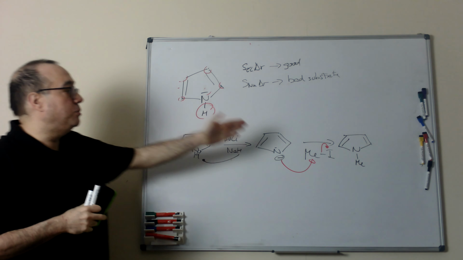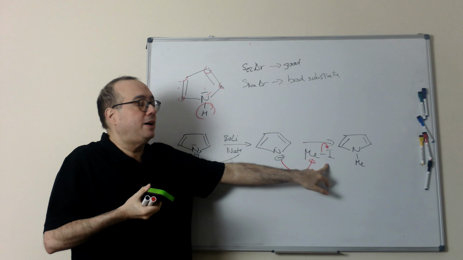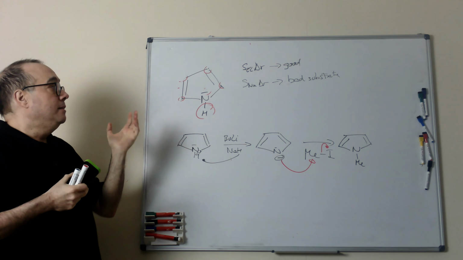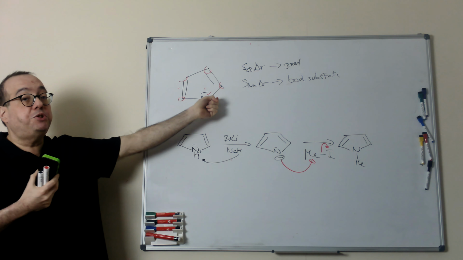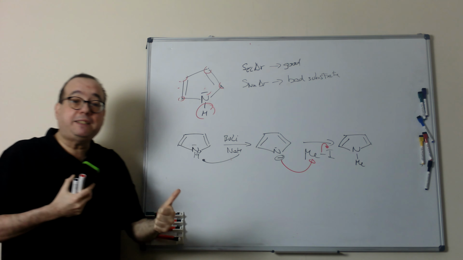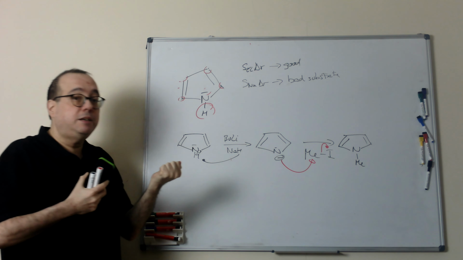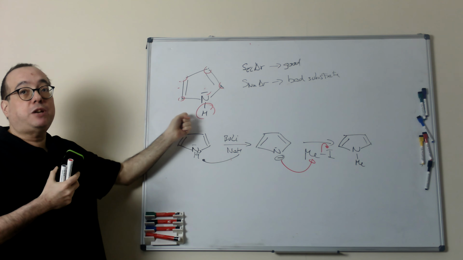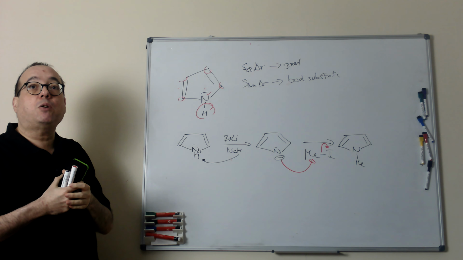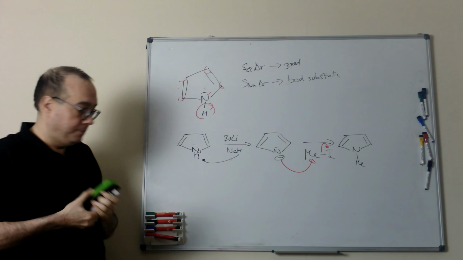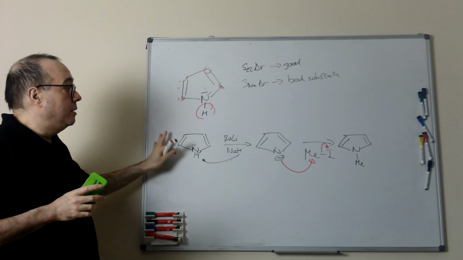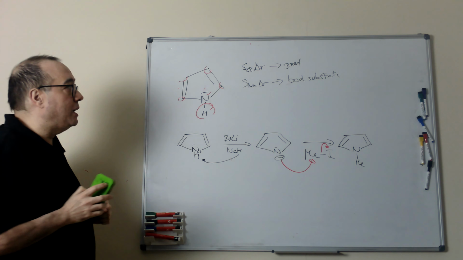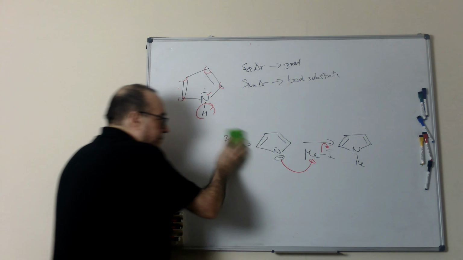Basically, we can do this with any electrophile. That means, importantly, if we want to make a substitution on the nitrogen, the first step must always be the deprotonation of the pyrrole. Then we can go to the electrophilic aromatic substitution.